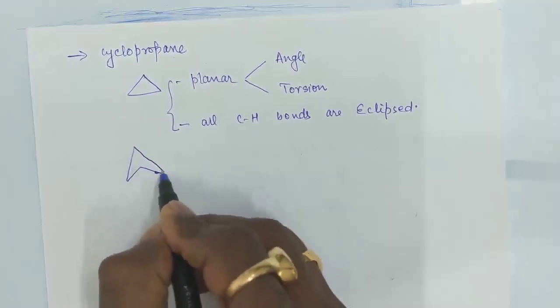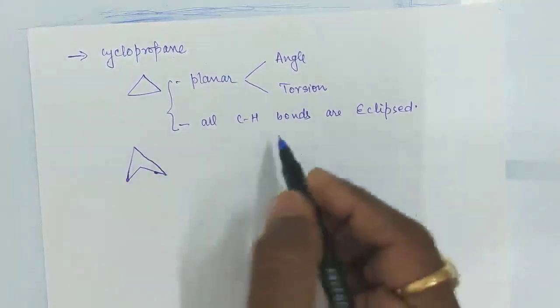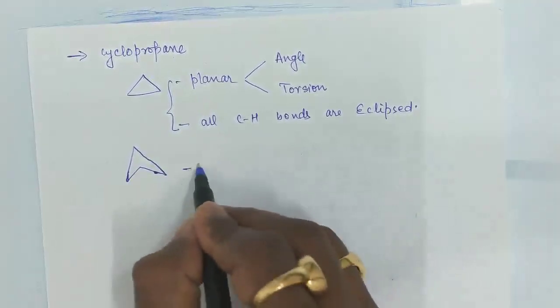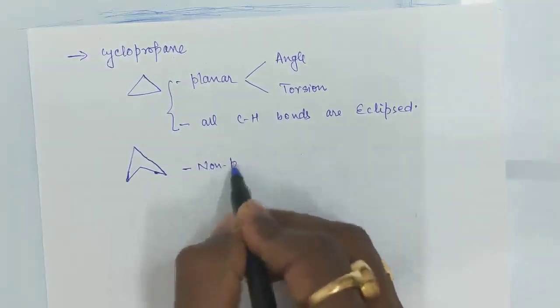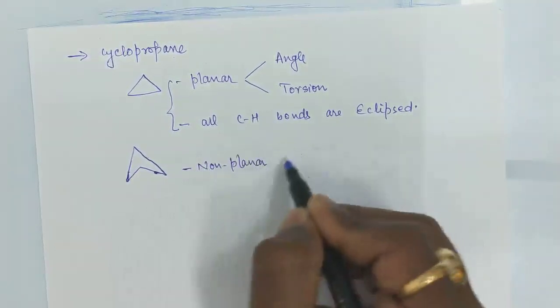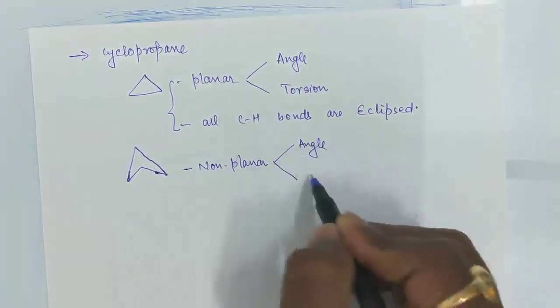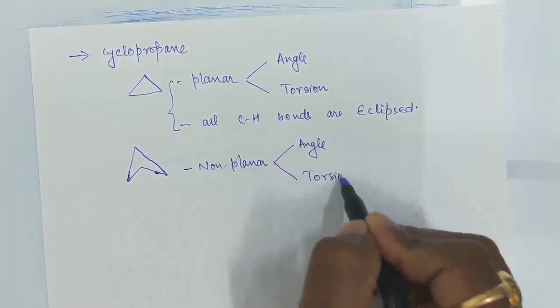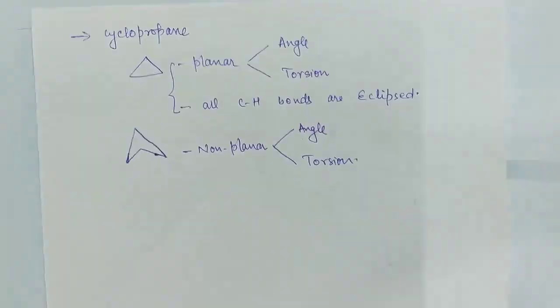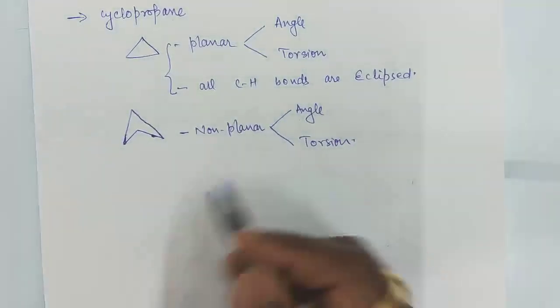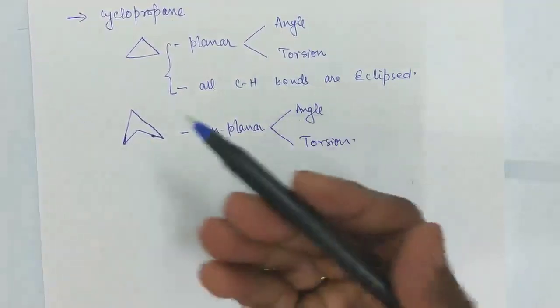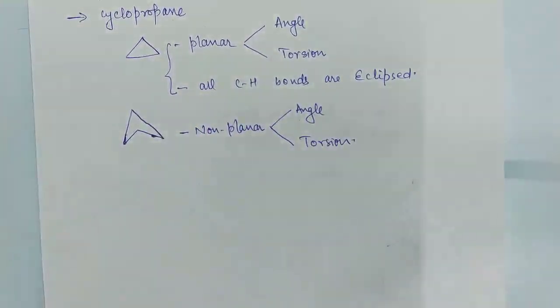Similarly, in cyclobutane, I have already told you which type of strain is there. Cyclobutane molecule suffers angle strain. This is non-planar. Two strains, angle as well as torsion. How much angle strain is there, I have already given you.